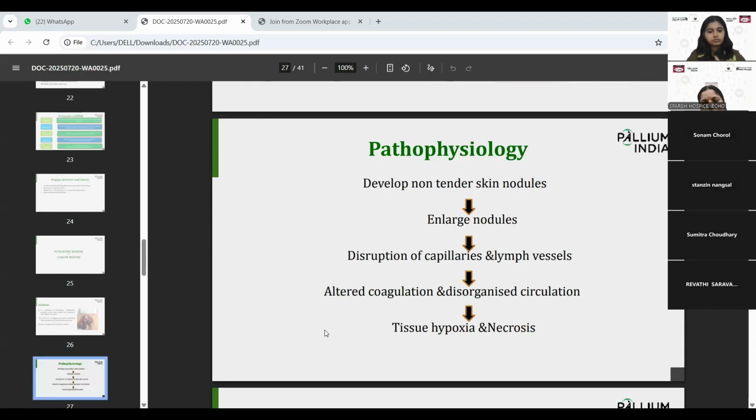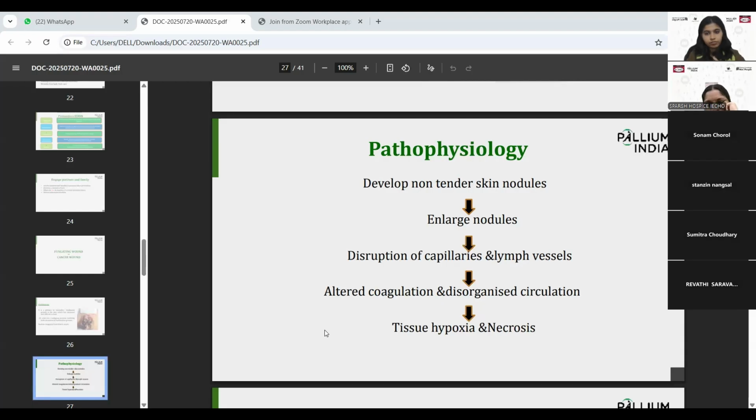Okay, so the damage which has happened to the capillaries and lymph vessels will lead to altered coagulation and disorganized circulation of the particular area. You have to understand, through the disruption of capillaries and lymph vessels, the coagulation of blood vessels got altered. Okay, that's why we are getting that cauliflower shape.